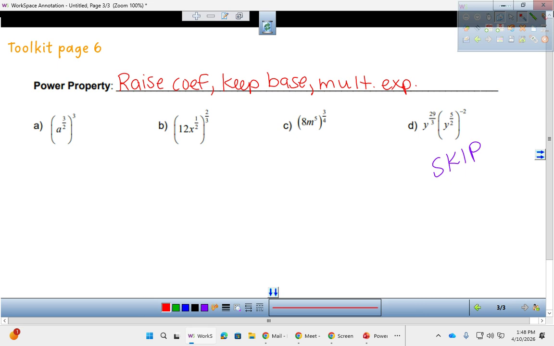Right? So, coefficients are numbers in front of variables. In letter A, there's a variable, but there's no number in front of it. So there is not a coefficient in letter A. I'm going to go right to keeping the base the same and then multiplying the exponents. All I have to do is do 3 divided by 2 times 3 in the calculator.